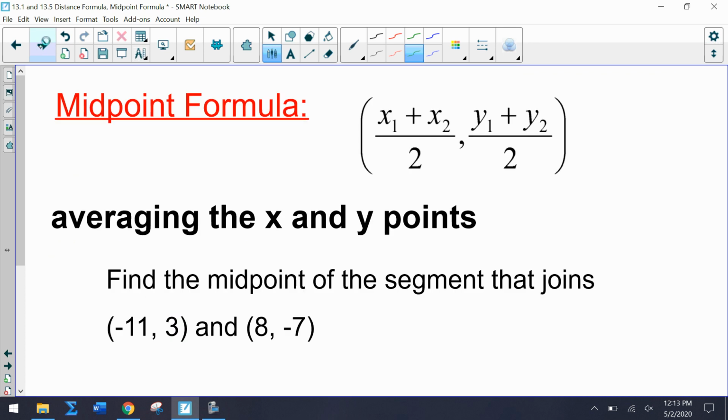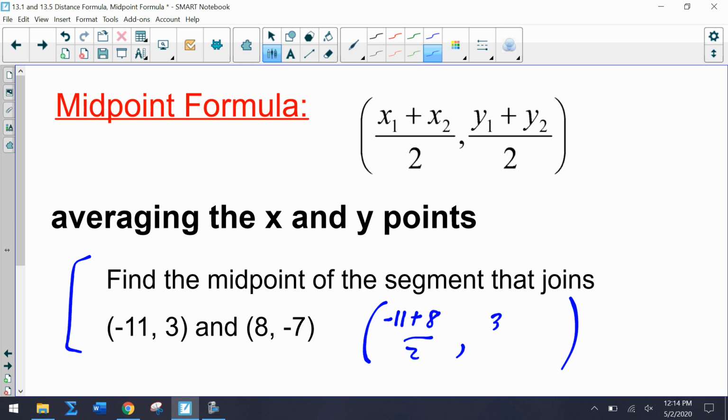So this is the midpoint formula. If we take our x values, average them, so add them, divide by 2, take your y values, add them, divide by 2, we're averaging the x and y points. So if we want to find the midpoint of the segment joined by these coordinate points on the bottom, what we can do is say, all right, well, what's -11 plus 8 over 2?